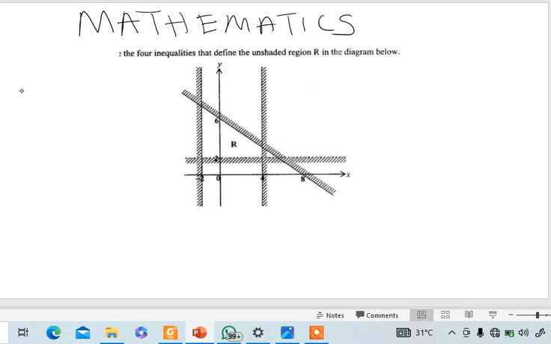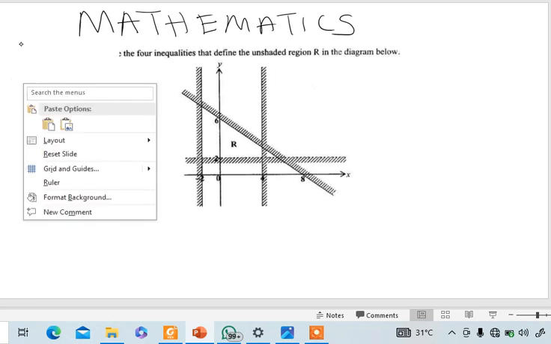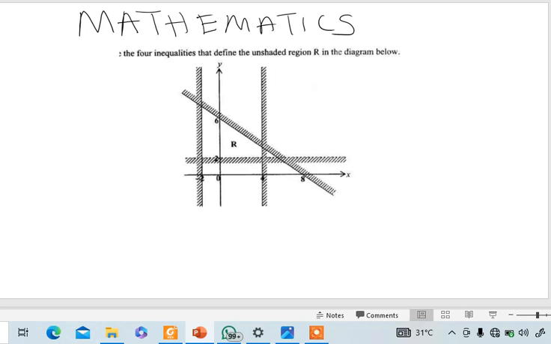Okay, so this is a question in linear programming, and these are most of the questions that you're going to face. Yeah, it is under paper one. Linear programming one, and to help us answer this question properly.